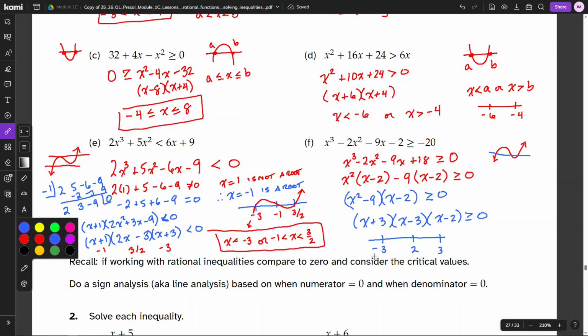And we already talked about the basics of the graph, right? And the basics of the graph is that we're going to look a little something like that. And I want to be greater than or equal to 0. So that's going to be as long as I am greater than or equal to negative 3, less than or equal to 2, or if I am greater than or equal to 3, but less than infinity.